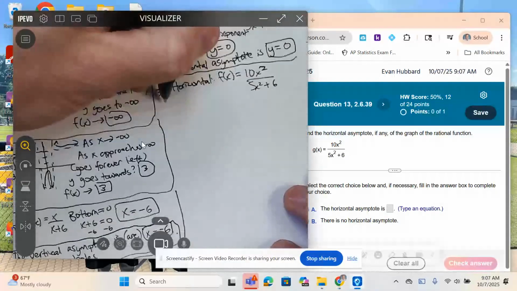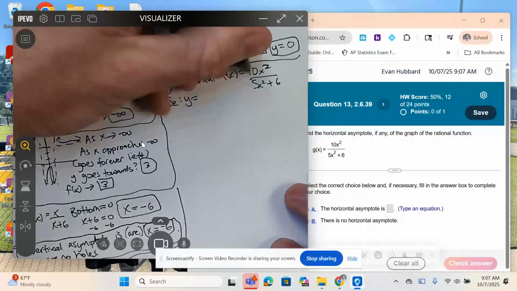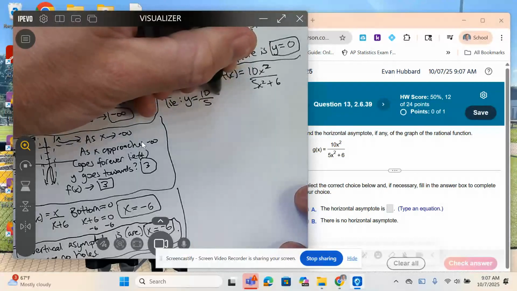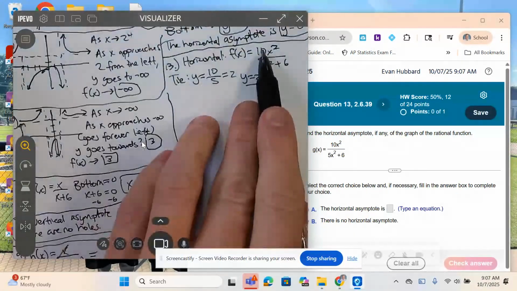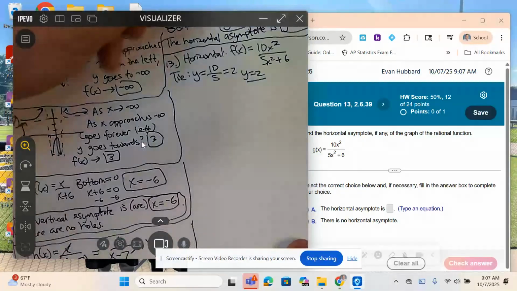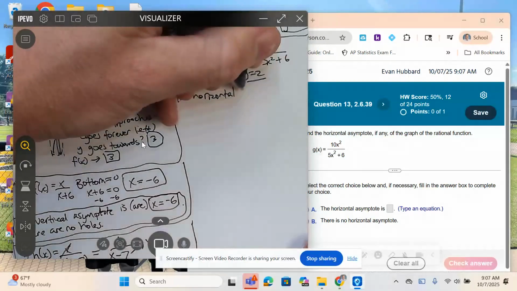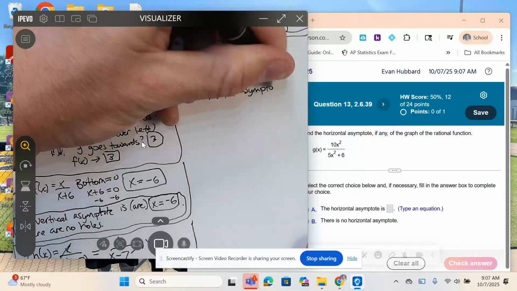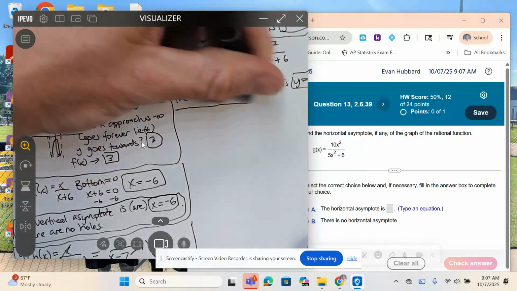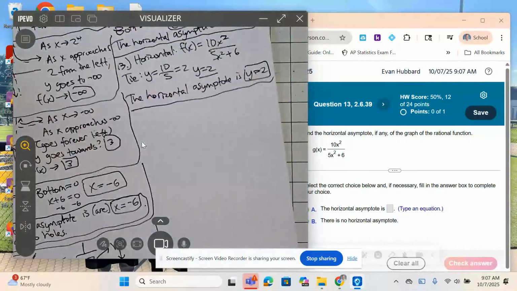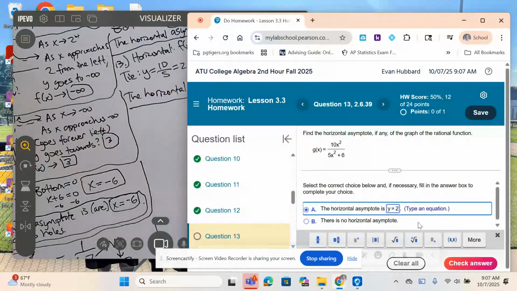When it's a tie, you do the leading coefficient in the top divided by the leading coefficient in the bottom. So you do 10 divided by 5, which is 2. So the horizontal asymptote is y equals 2.